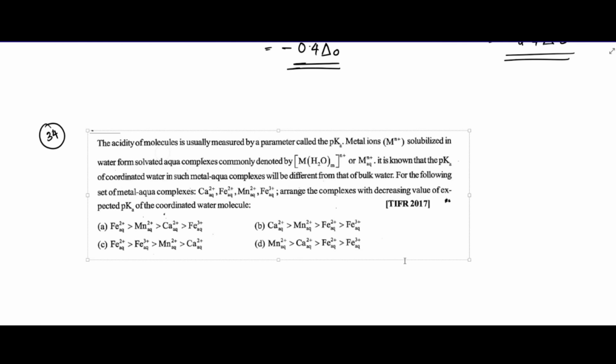Okay, read the question on your own. ഒന്നുമില്ല PK എന്നൊക്കെ അവർ വെറുതെ തന്നിരിക്കുന്നതാണ്.